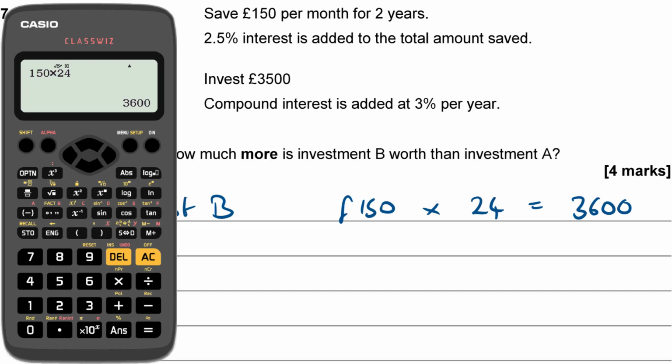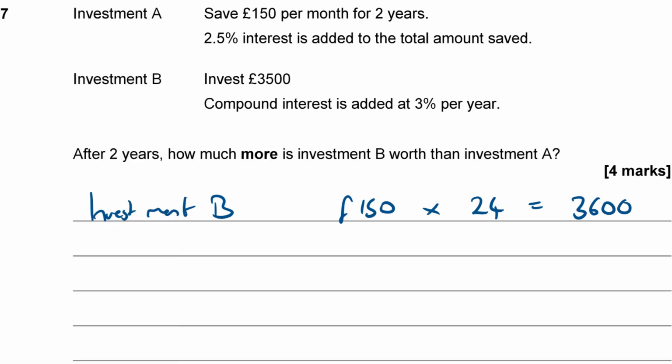And then 2.5% interest is added to the total amount saved. So using our final original multiplier triangle, we want to know our final amount, and if I put my thumb on F, then I can see it's original times multiplier.